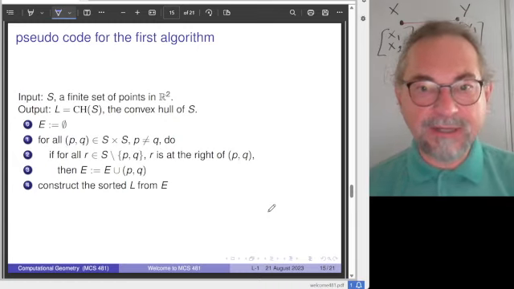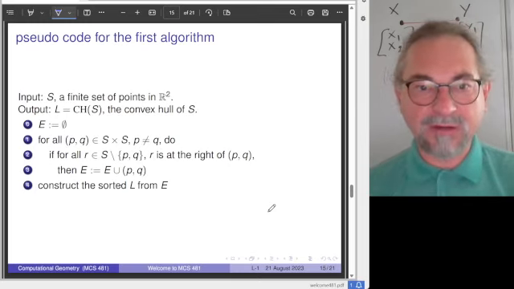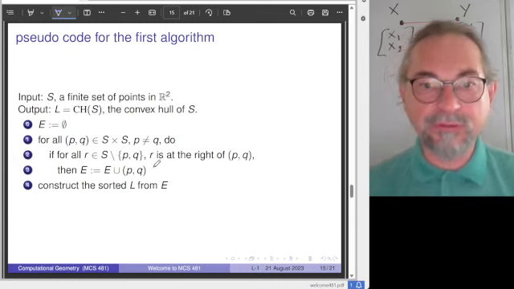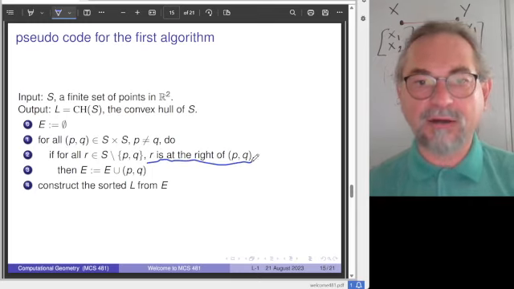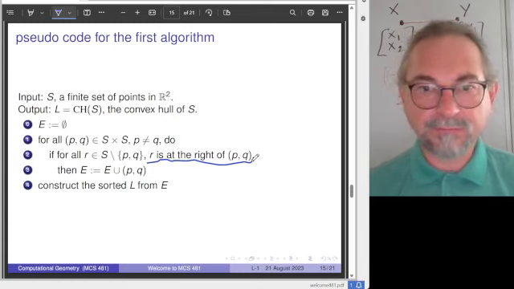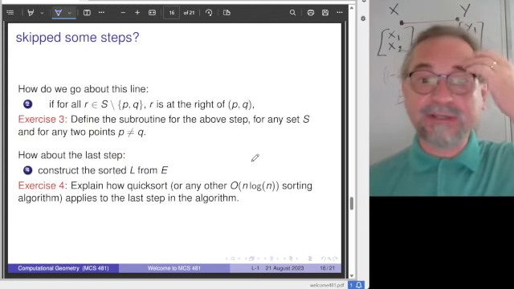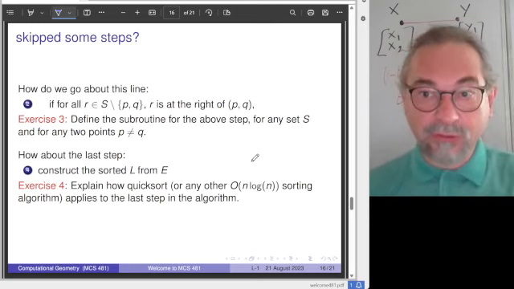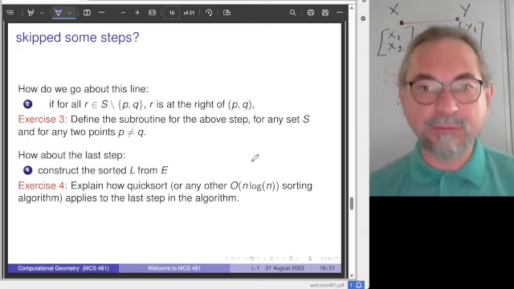So in a way, this is probably fine enough for us now, but in order to turn this into an algorithm that works on a computer, you will need to have somewhere a primitive to work out this instruction here. And this is where vector calculus comes in again. So that's exercise 3. You can also solve it by determinants, as suggested in one of the exercises in the book.